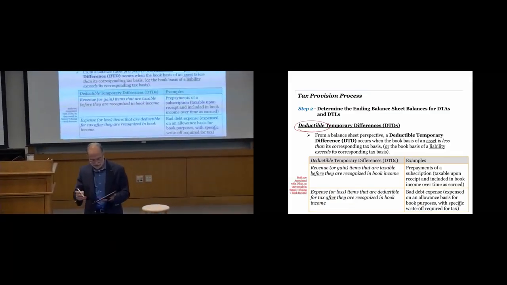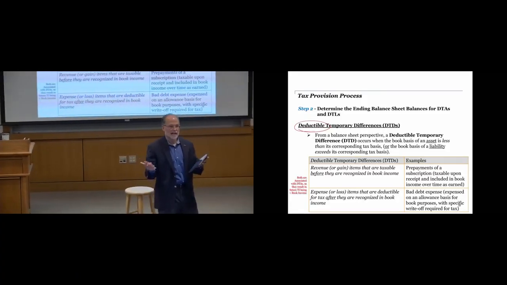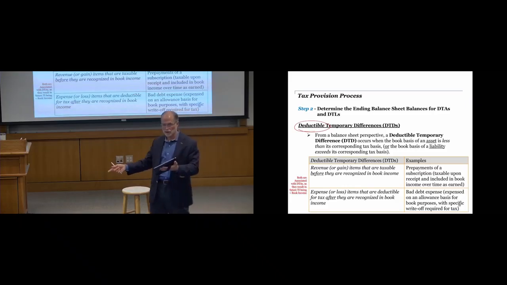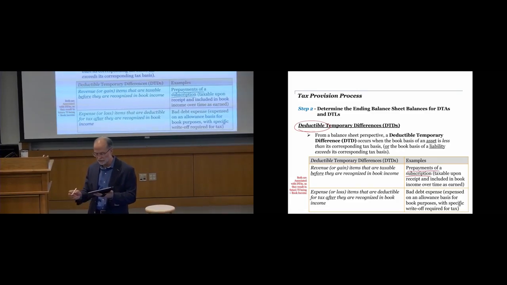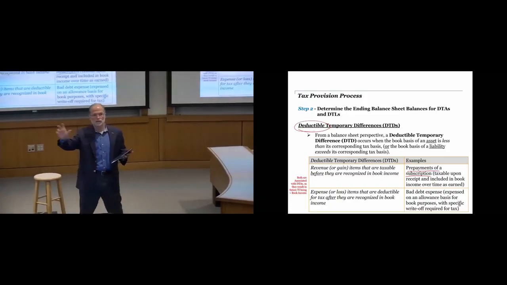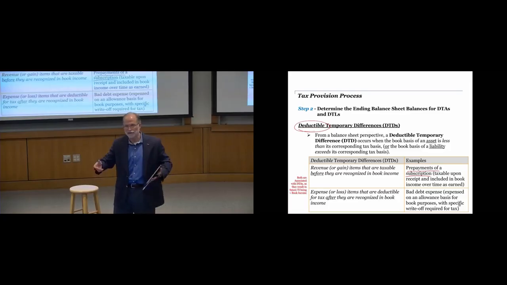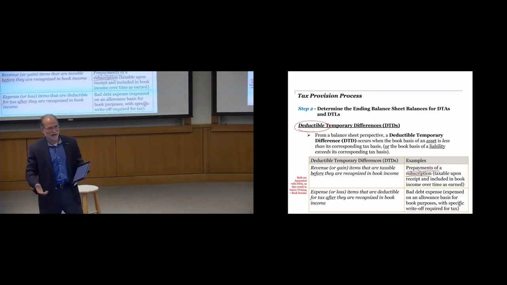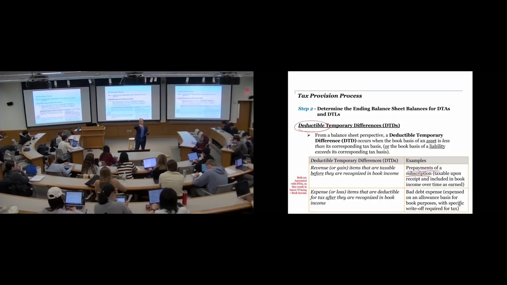Okay, so I give two examples here. First, revenue items that are taxable before they are recognized in book income. So tax recognizes income before book. The example I give you here is a prepayment of a subscription. If you sign up for a streaming package for the next 12 months, tax would normally tax Netflix on day one on the receipt of the cash.